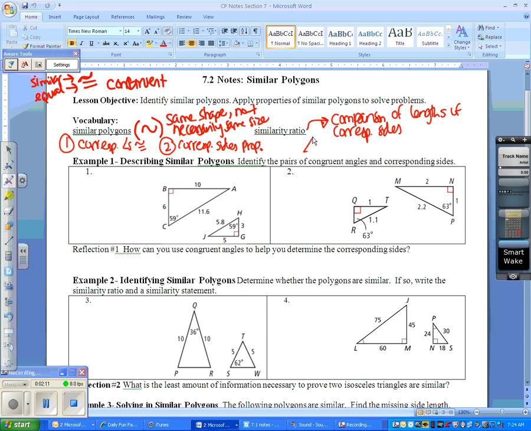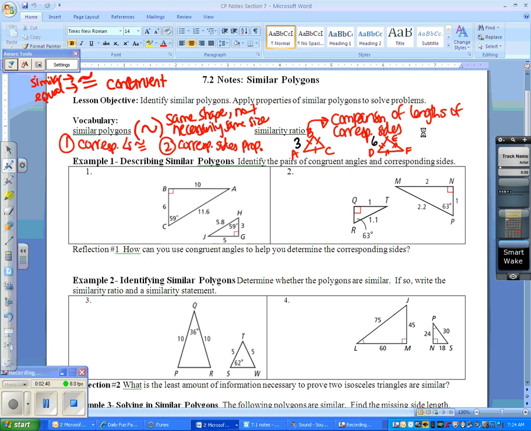So for example, let's say I have this equilateral triangle, ABC, and then I have this other equilateral triangle, DEF, and I know in my picture it looks like they're congruent, but they're not. Let's say that triangle ABC has side lengths of 3, and in equilateral triangle DEF, they have side lengths of 6.